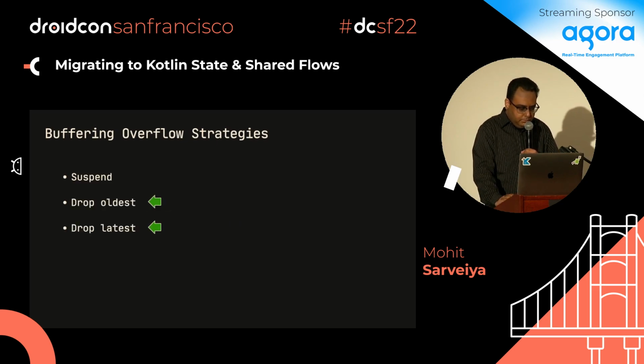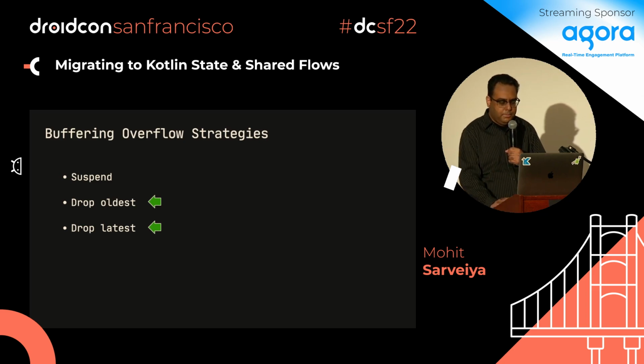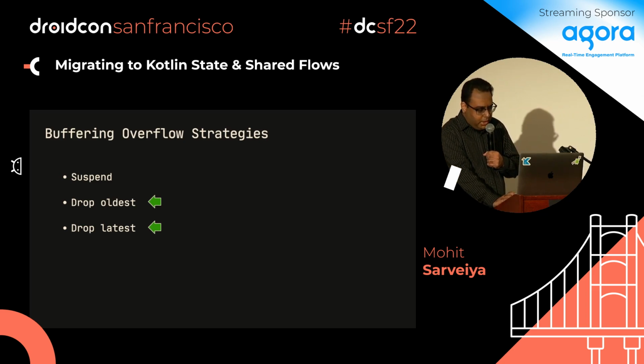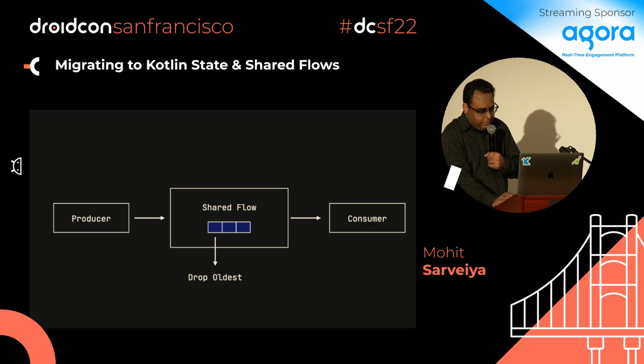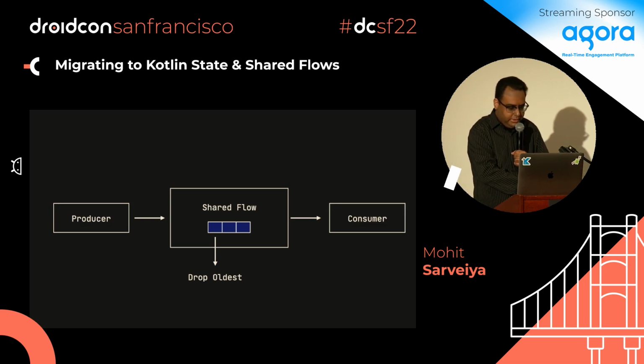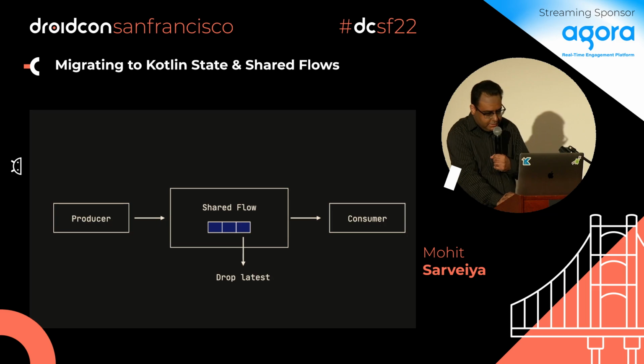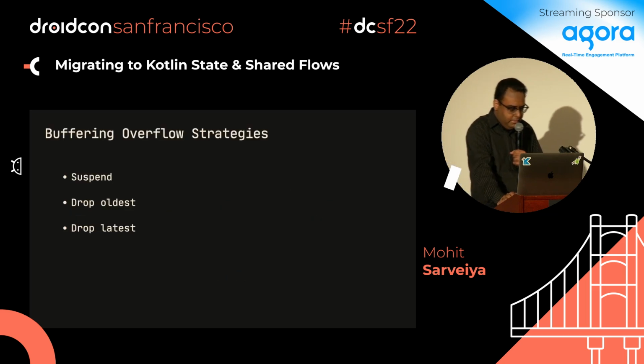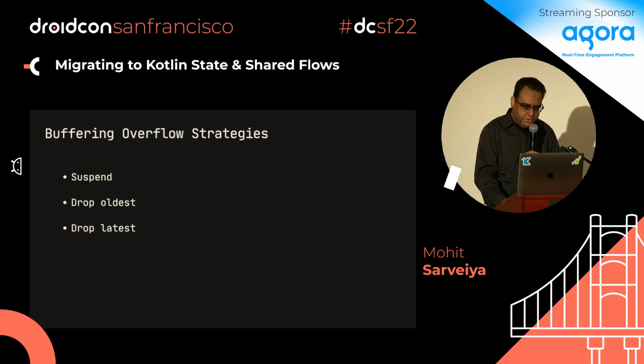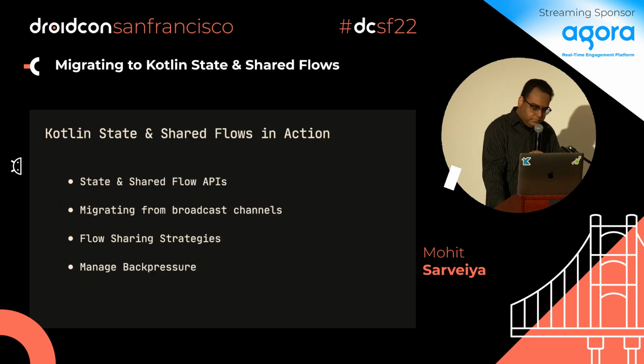The other ones are drop oldest and drop latest. I have used drop oldest a lot. So drop oldest basically will drop the oldest value that you have in the cache, and drop latest, as the name suggests, will drop the latest. So these are 3 different buffer overflow strategies. Suspend is the default one.